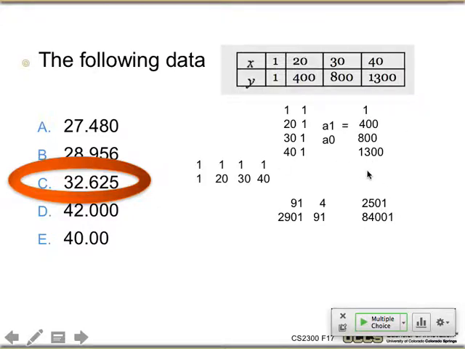That's our equation. For each point, we're saying this value times A1 plus this value times A0 equals that. We take the transpose and multiply it if we want to do the normal equation. That gives us this matrix, which we can then go ahead and solve. And you solve that, you get 32.65.